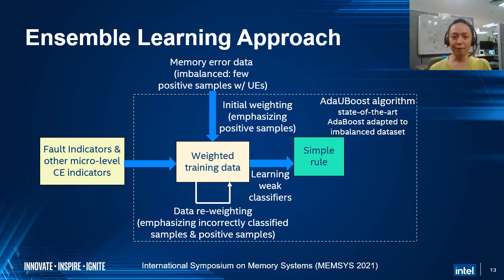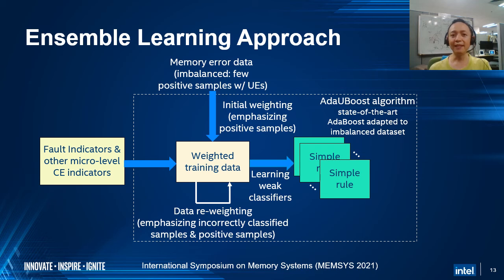The data is then reweighted, emphasizing both the incorrectly classified samples and the samples with UEs. We repeat the process of rule learning. The final predictor is an ensemble of the rules learned.